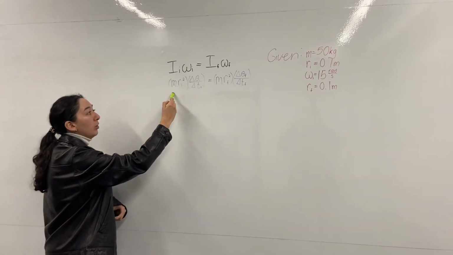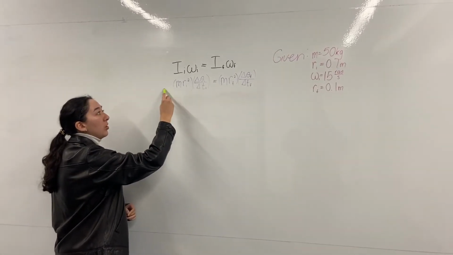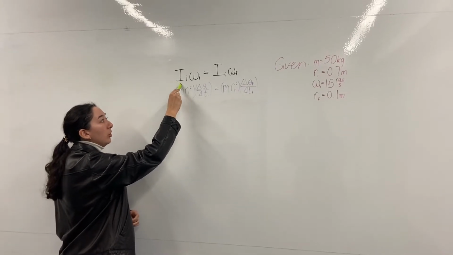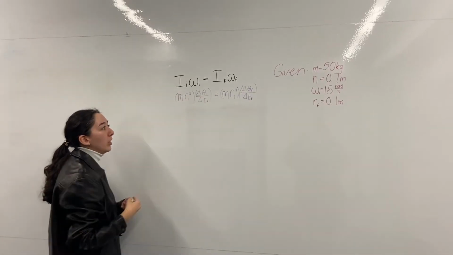So I wrote out the long version of this formula just by substituting the equation for inertia times the equation for angular velocity.